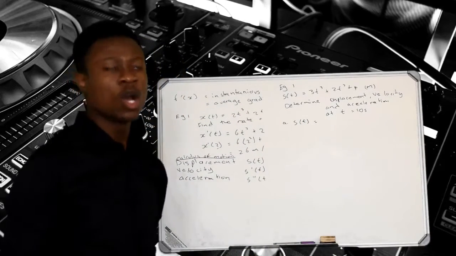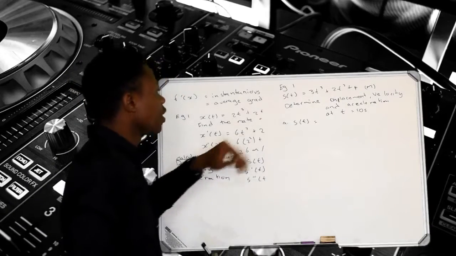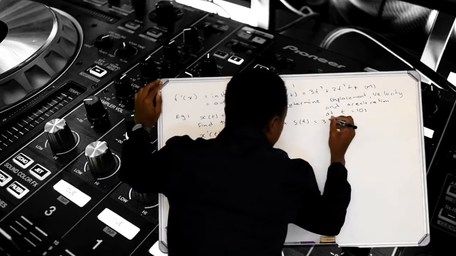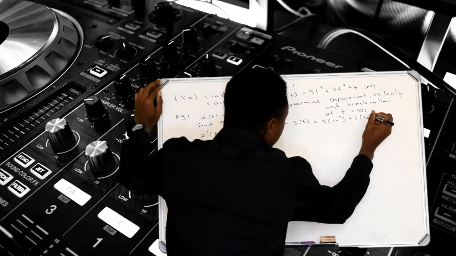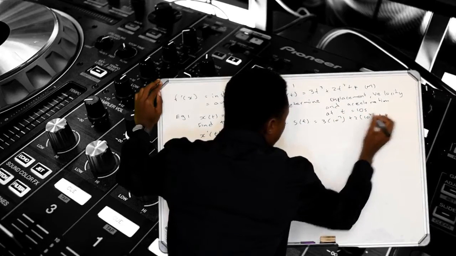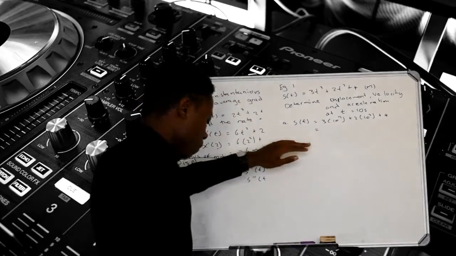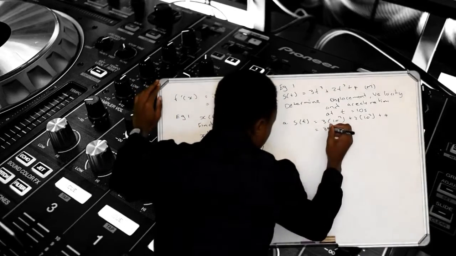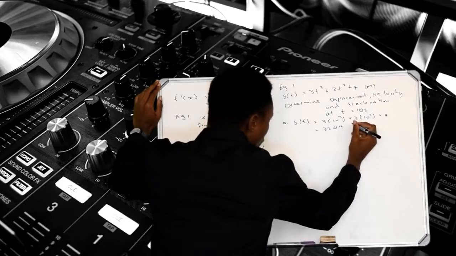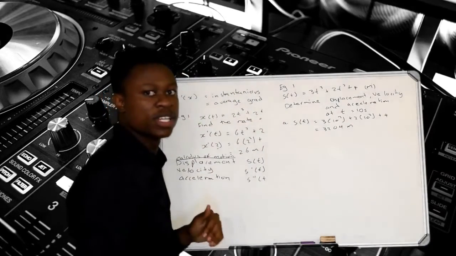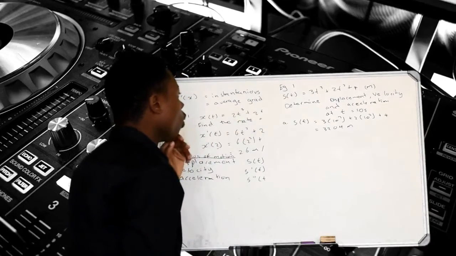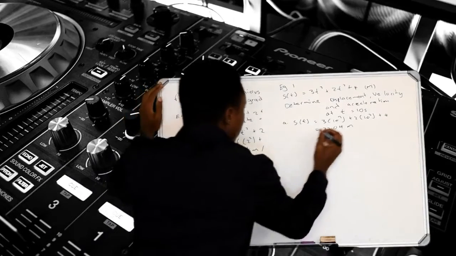We just replace wherever we see t with 10, which is 3 times 10 cubed plus 2 times 10 squared plus 4. This will give you 3204 meters. That's the displacement that the car has moved.